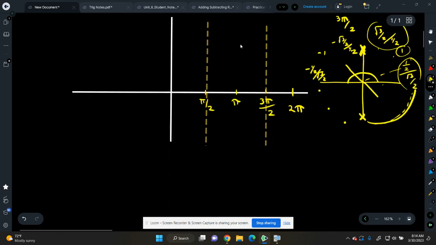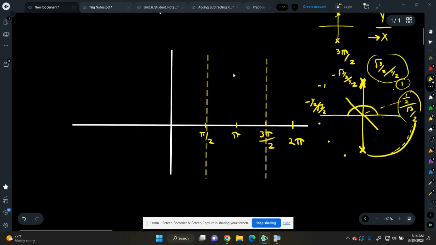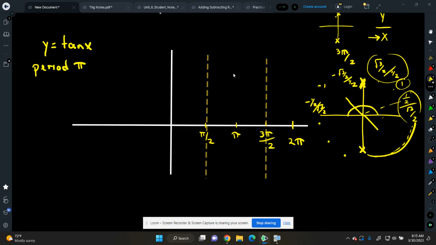So y equals tangent x has a period of pi.